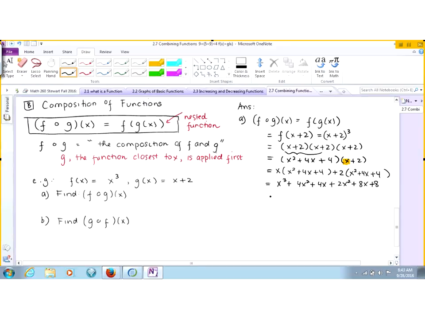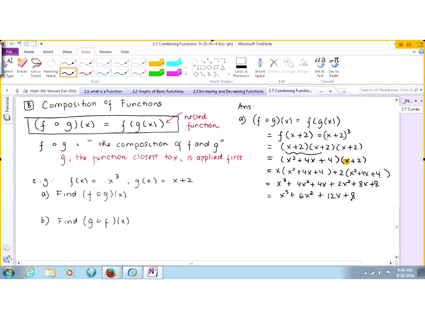Yes. So this is x cubed plus 6x squared plus 12x plus 8. Yes. So you can use special product, the coefficients 1, 3, 3, 1. Good.